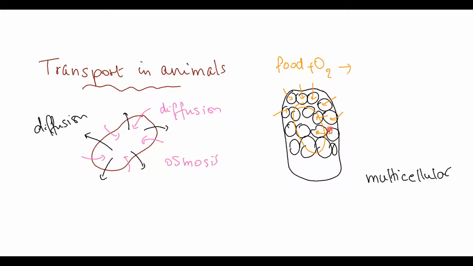What's the solution to this? Complex organisms that are multicellular have to be provided with a well-developed system to allow the materials to reach all the cells at the same time. And this system, of course, is called the circulatory system.